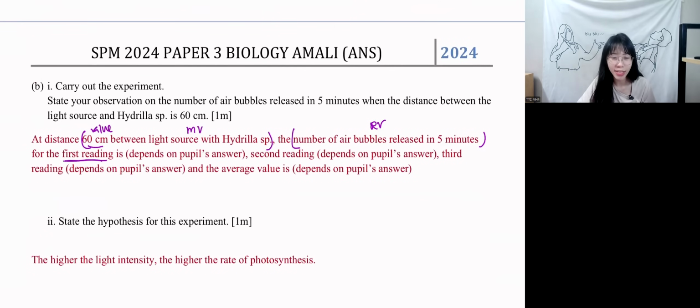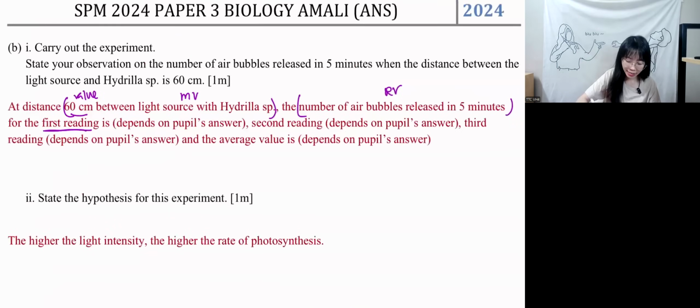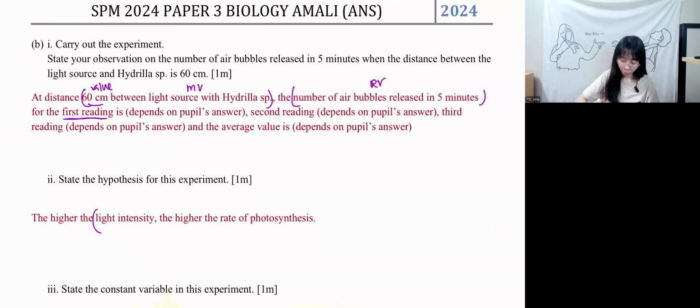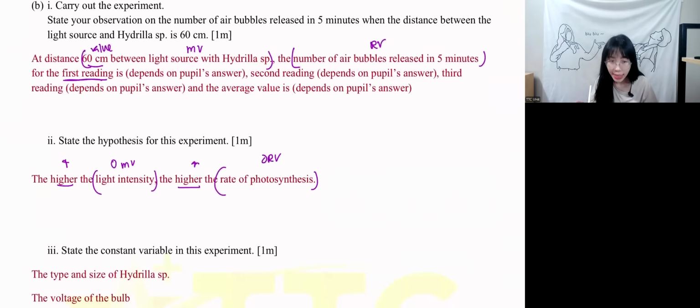State the hypothesis of this experiment. When your MV has a value, you can write the higher the MV, the higher the RV. Or you can say the higher the light intensity, the higher the rate of photosynthesis, both also correct. Or you can write the nearer the light source to the plant, the more bubbles released in 5 minutes.